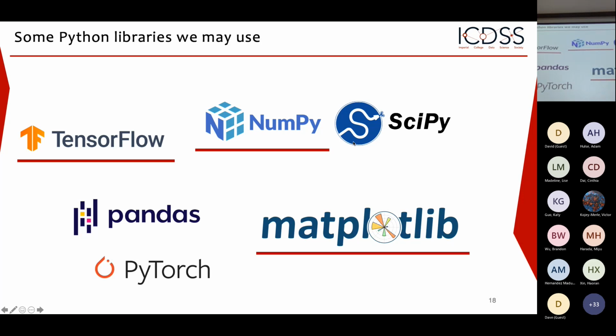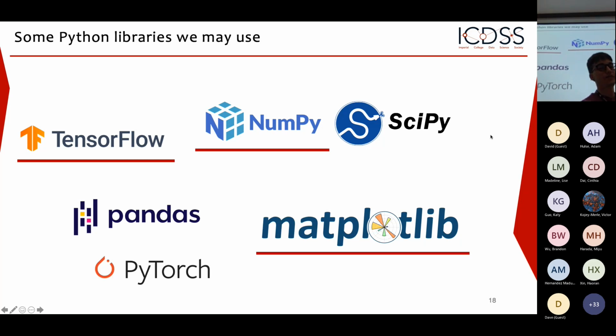Yes. SciPy is kind of an extension of NumPy, so whatever you can do with NumPy, you can do with SciPy. SciPy offers some extra cool functions that you might want to use. There is Pandas, used to read data from Excel files. I'm not gonna say easily, but you can read them with Pandas.